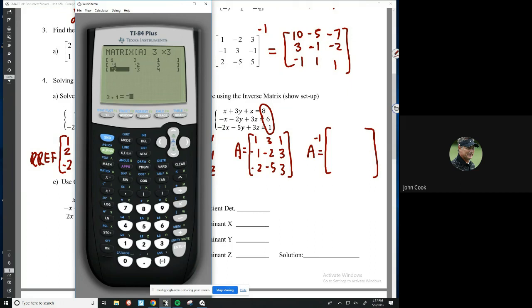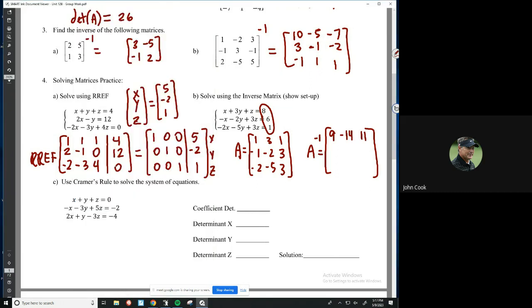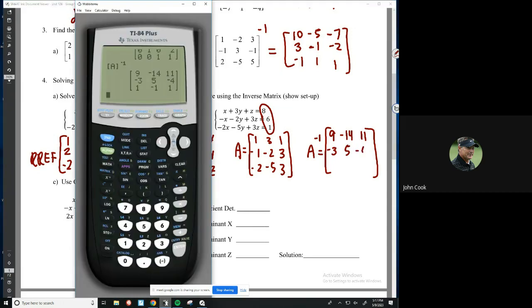And then we've got -2, -5, and 3. All right, now we find this thing's inverse. So matrix A inverse. That's what we get: 9, -14, 11, and then -3, 5, -4, and then 1, -1, and 1.